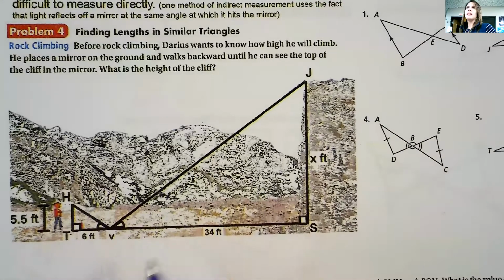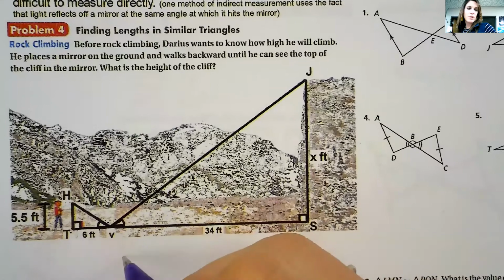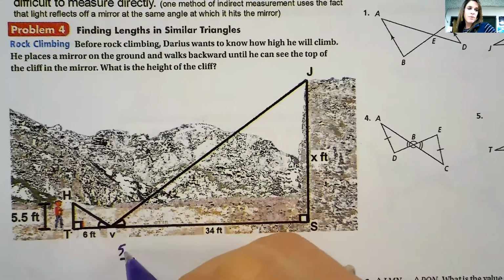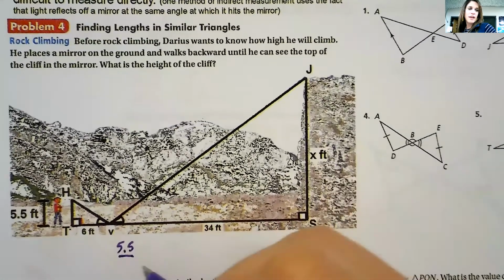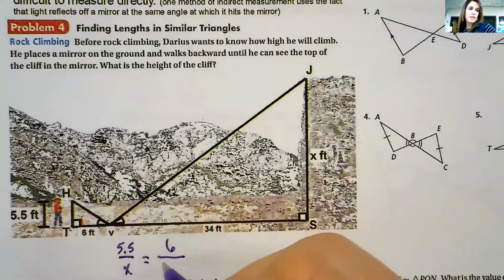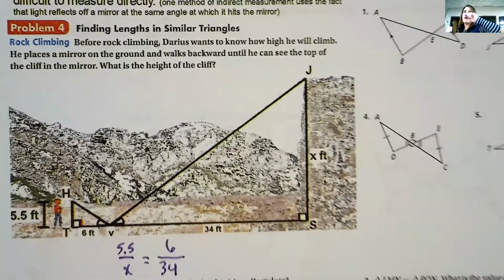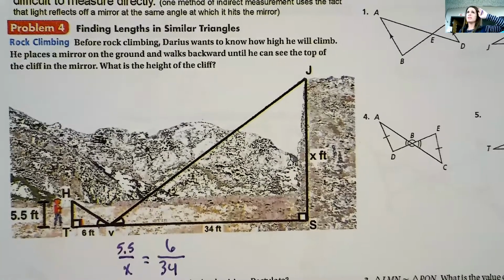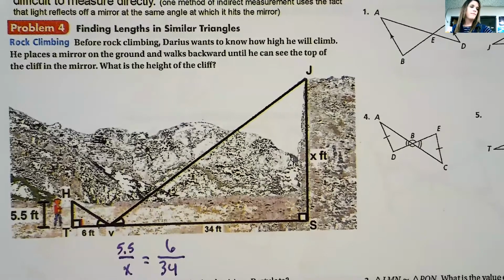How can we find X? Well, I just said they're proportionate. We have 5.5 matching up with that X, and we have 6 matching up with that 34. And we can solve that proportion. You guys have shown me you're really good at solving proportions. We've got that down: 5.5 times 34 and divide by 6.